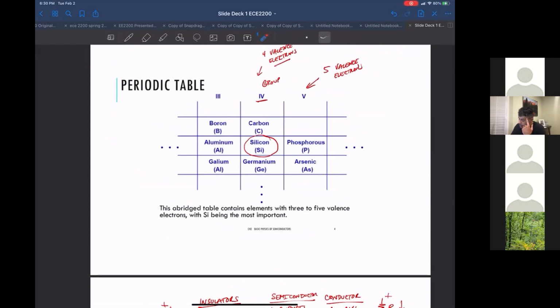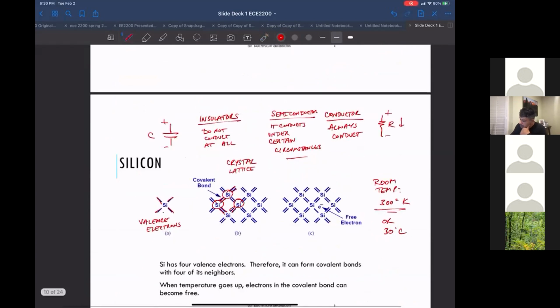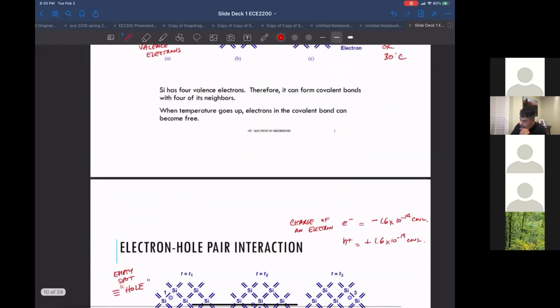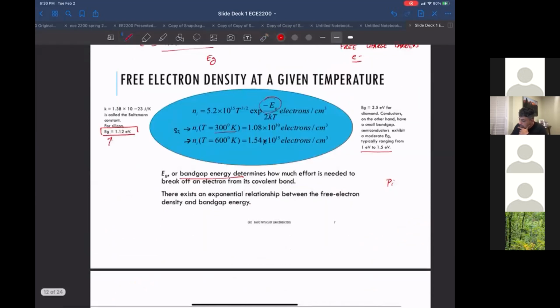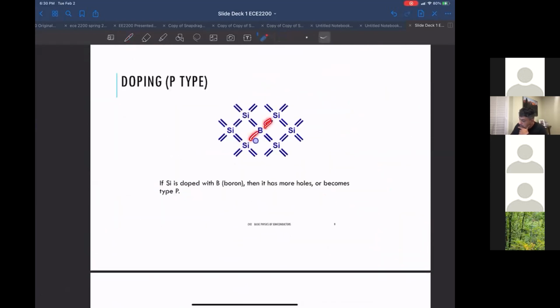And we said, what if we use a group 3 element? Let's say we pick boron, for example. Now this one has 3 valence electrons. Okay, so what happens there? If it's sitting in with a bunch of silicon atoms, the boron has only 3 valence electrons, which means that one connection will be lacking an electron, and you'll end up with this hole.